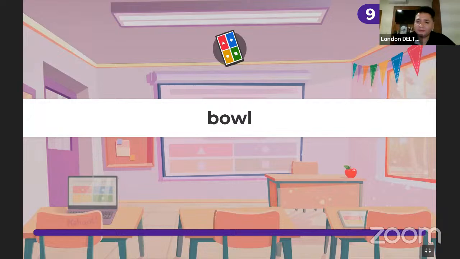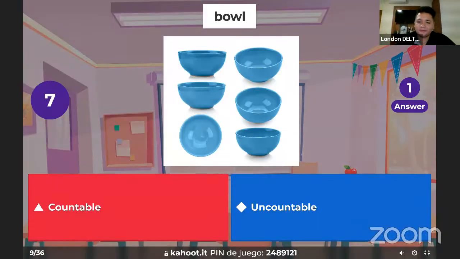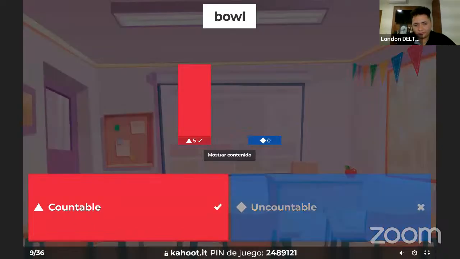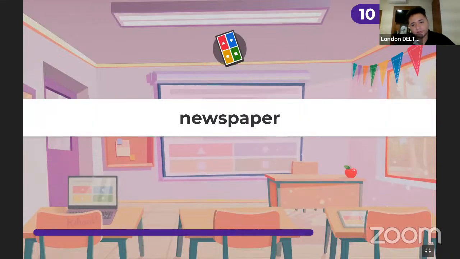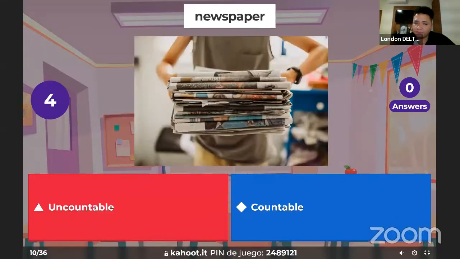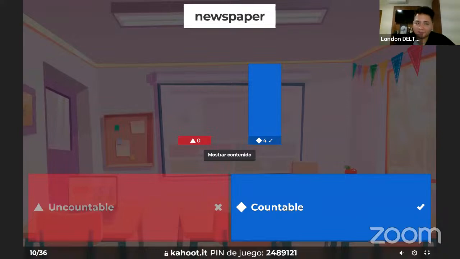Bowl. Excellent. Newspaper. Very well. Countable.